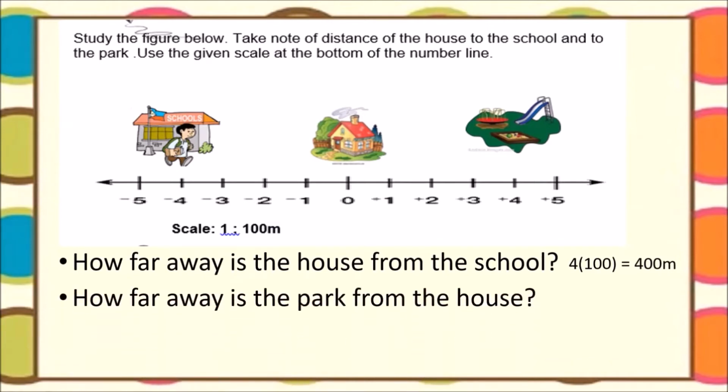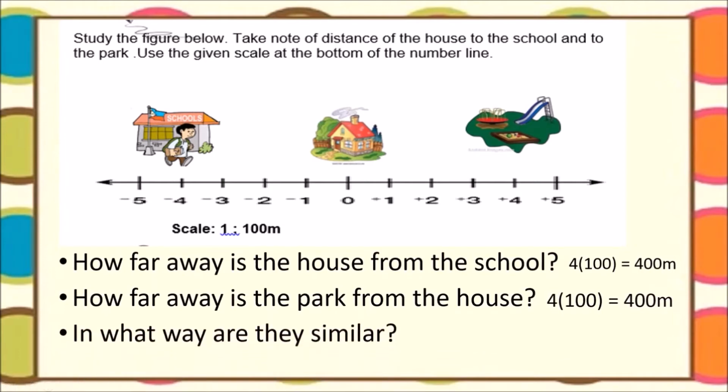Next, how far away is the park from the house? So from the house going to the park, so from 0 going to positive 4. So count the number of units, 1, 2, 3, 4. So 4 times 100 is equal to 400 meters.